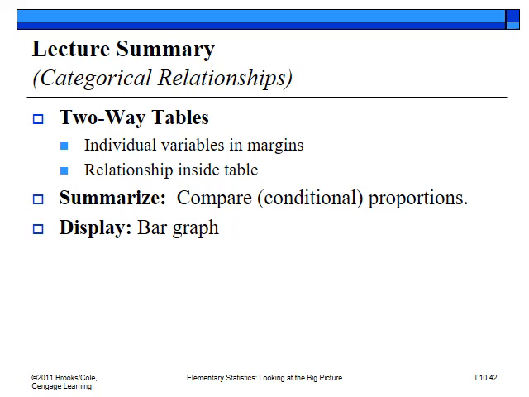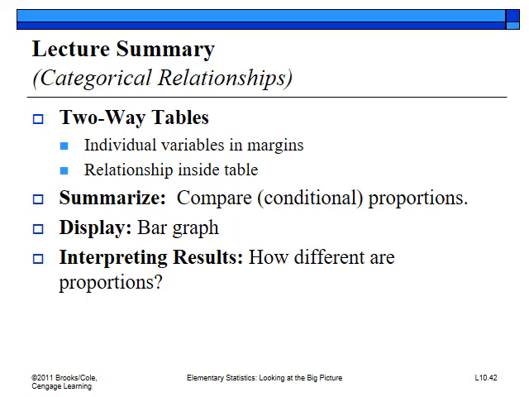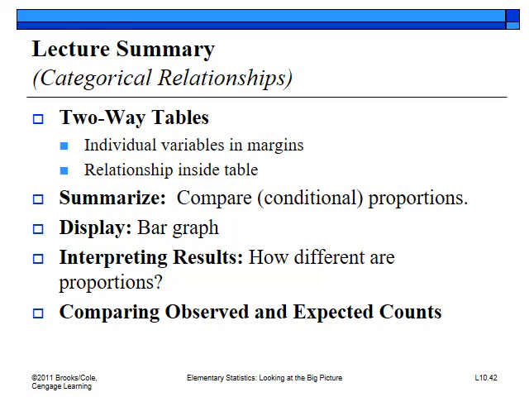We looked at how to create a display using a bar graph, and how to interpret the results by looking at the differences in the proportions. Finally, we looked at creating a table of expected counts to create a different comparison, that between the expected and observed counts. We also talked about the relationship that confounding has with categorical relationships between two variables, and looked at an example.